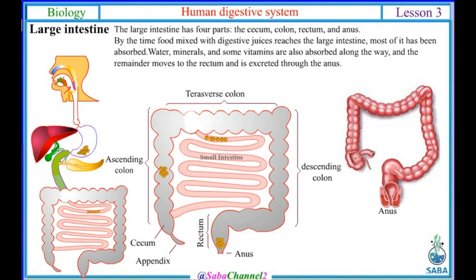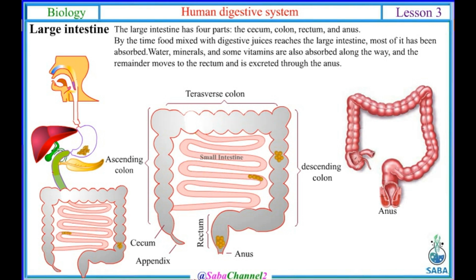Large intestine. The large intestine has four parts: the cecum, colon, rectum, and anus. By the time food mixed with digestive juices reaches the large intestine, most of it has been absorbed. Water, minerals, and some vitamins are also absorbed along the way, and the remaining waste moves to the rectum and is expelled through the anus.